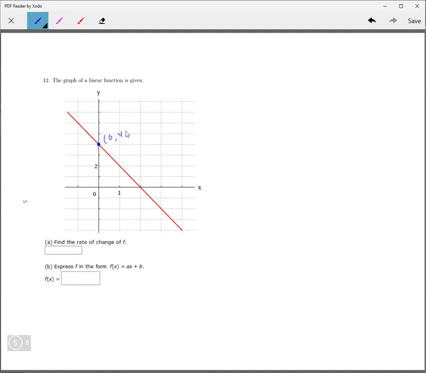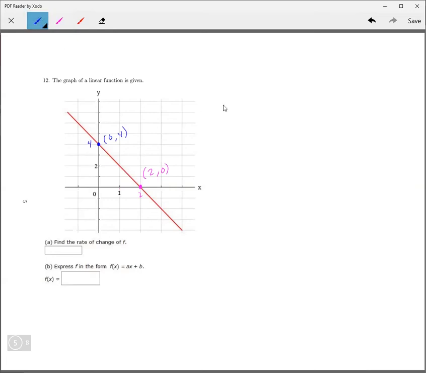Those are 0, 4, because it's 0 in the x direction and 4 in the y direction. Another point is this one right here, which is 2, 0, because that's 1, 2, and then 0 as far as the y is concerned.